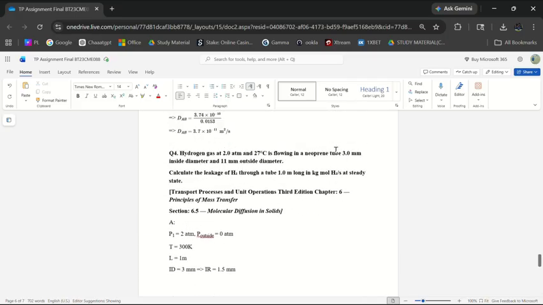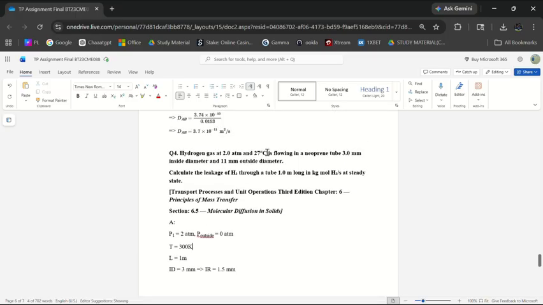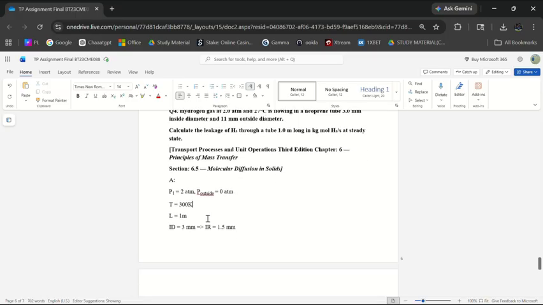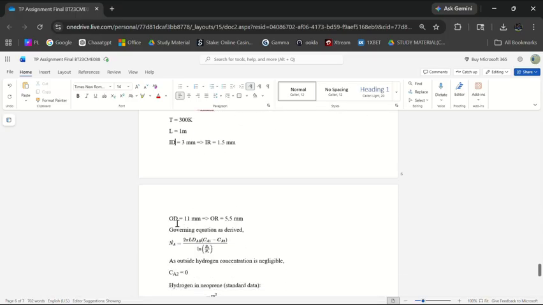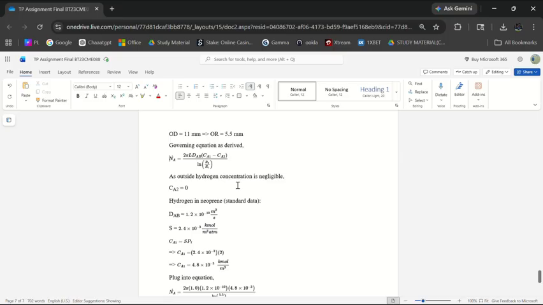We have been given that pressure inside is 2 atm, and we have assumed pressure outside to be 0 atm. Temperature is 300 Kelvin, which is 27 degrees Celsius. Length is 1 meter. Inner diameter and outer diameter have been given, so we can find inner radius and outer radius. The governing equation which we derived in the first question remains the same.